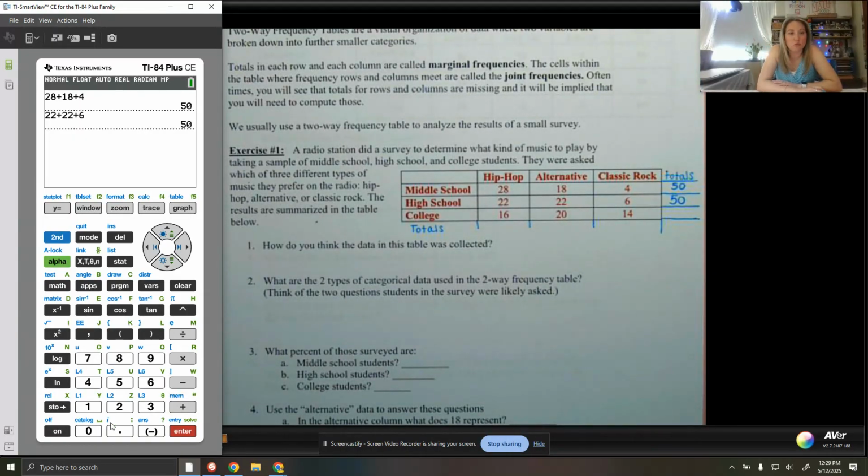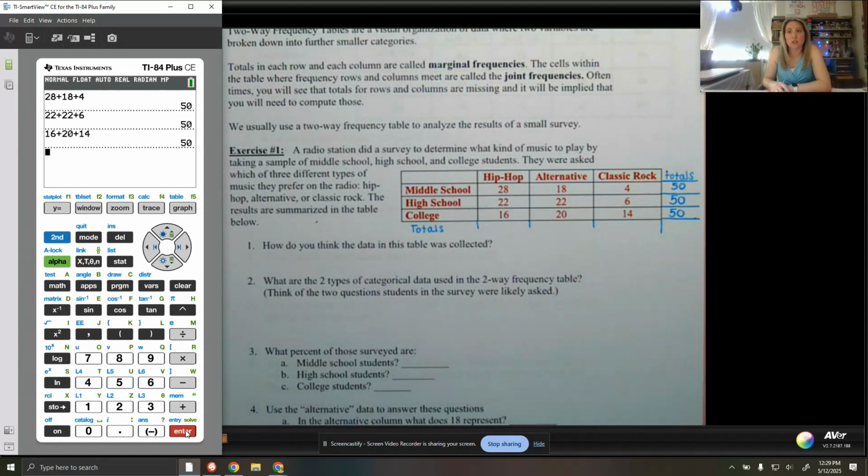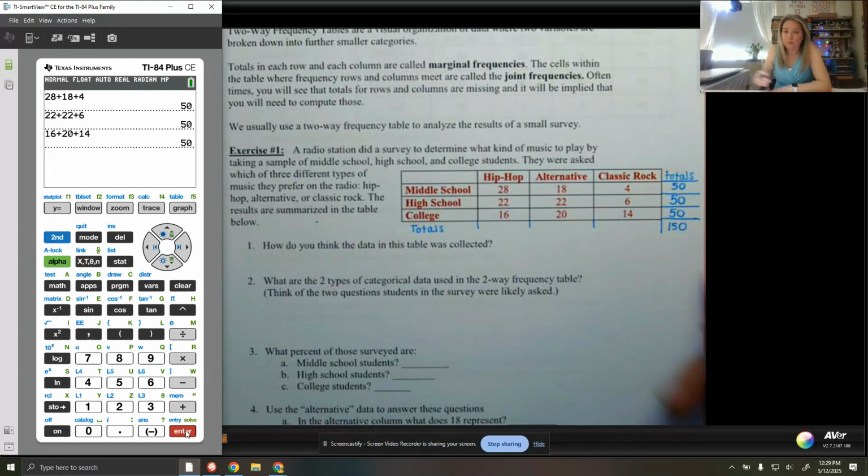And college was 16 plus 20 plus 14, giving me, well, that's easy enough, 50 total college students surveyed, for a total of 150 people who were surveyed.